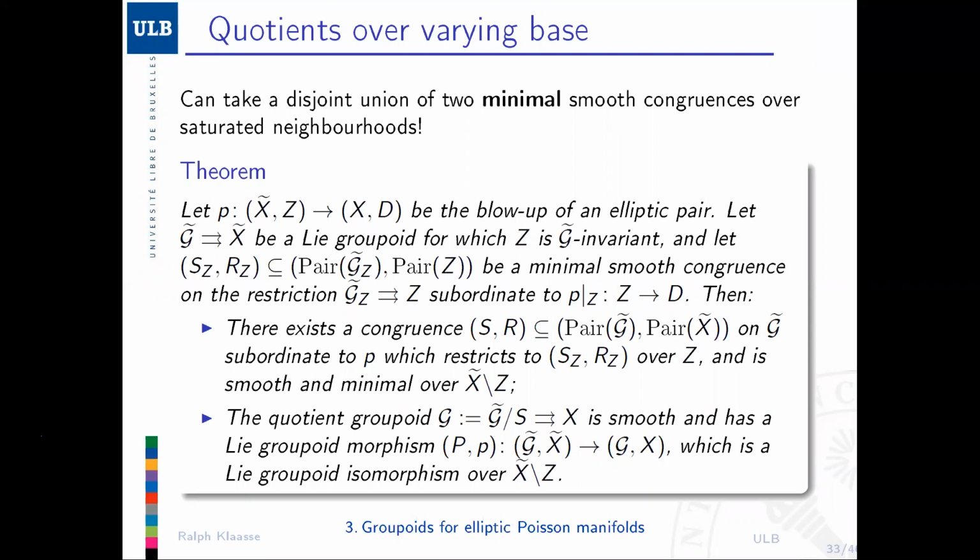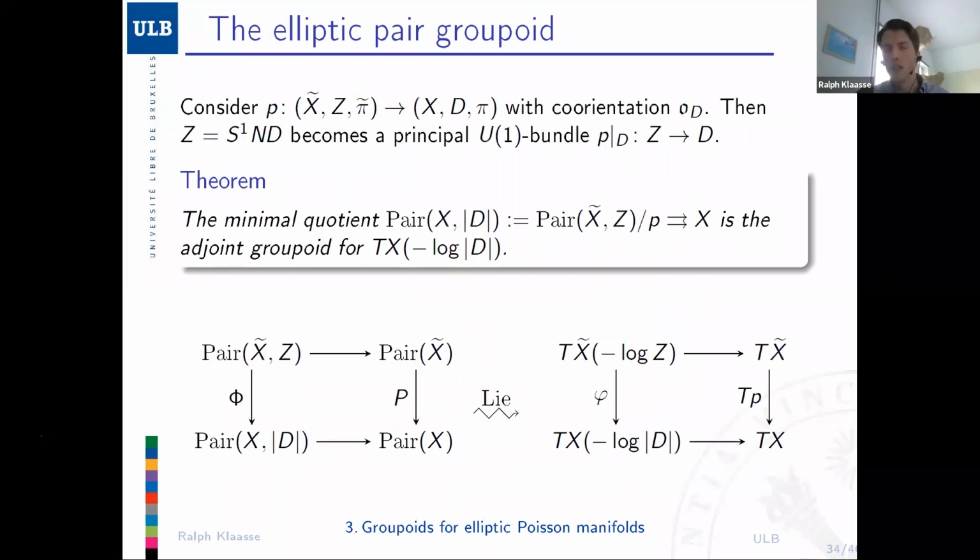Okay, thanks. Maybe I can say a little bit more about how to now apply it. So let's move on. The first thing we can, I think, prove is this. You take your elliptic Poisson manifold (X, D, π), you blow it up, you choose a co-orientation.